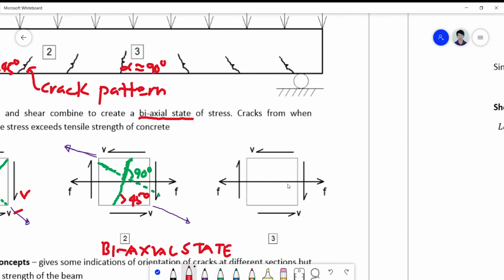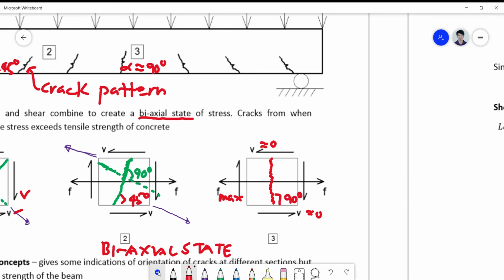You will notice that this will be almost zero when it is very near to the midspan, and therefore your flexural stress is a maximum at this point, such that your crack will be almost vertical. Okay, so 90 degrees.